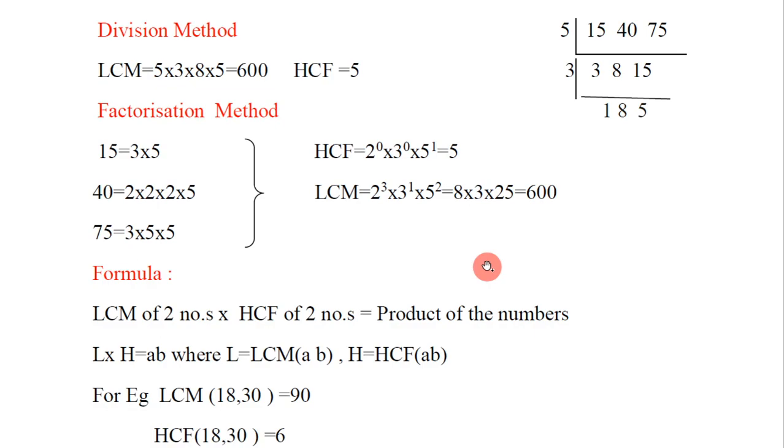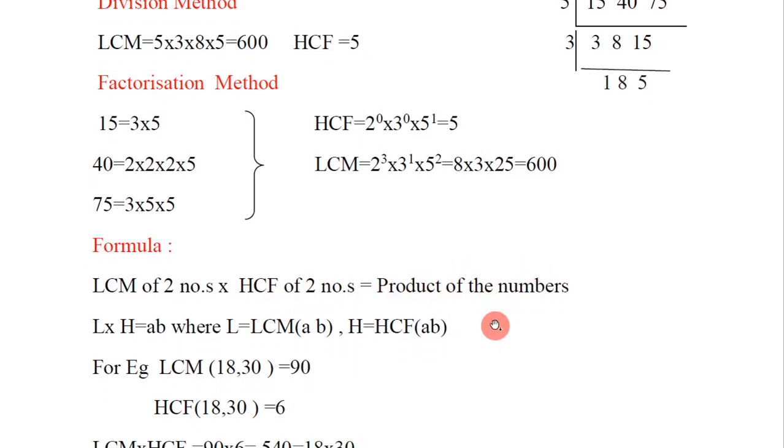Now I will give an important formula about LCM and HCF of two numbers. A very interesting formula says that the product of LCM and HCF of any two numbers is the product of the numbers. That is, if you consider the numbers as A and B, then their product is AB.